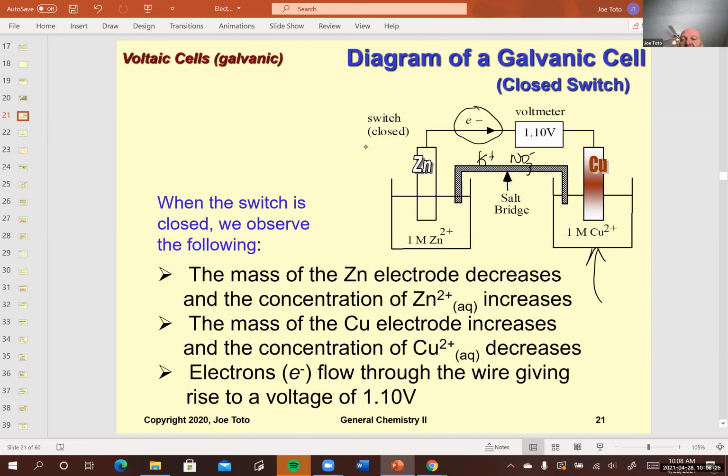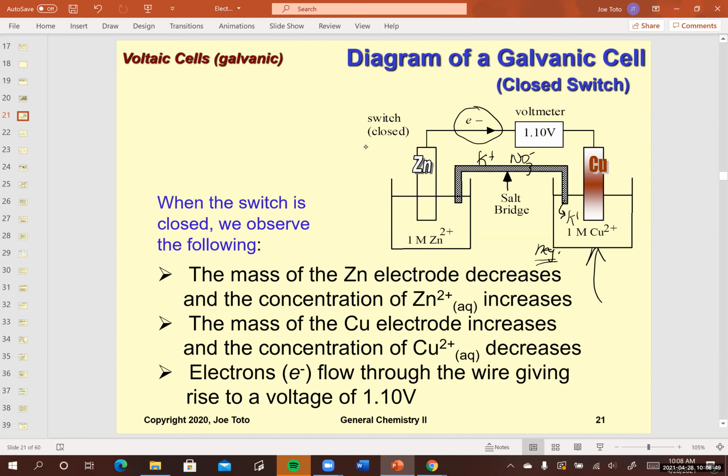I have a negative charge buildup on this side because electrons are flowing. Can anybody guess what will come out to neutralize the negative charge from the salt bridge? Potassium. Yeah, you got it.